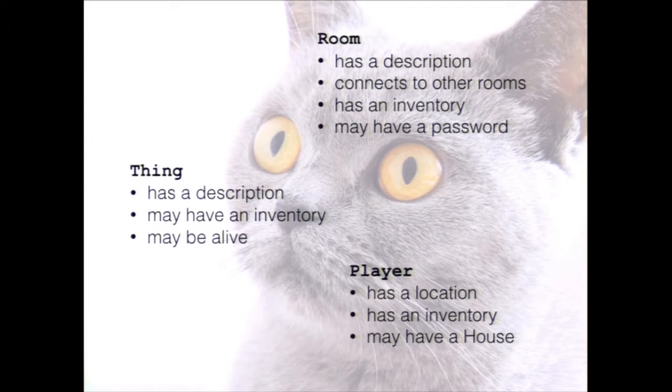This approach has a couple things wrong with it, and one of them is that, especially in my text adventure game, and I think in any text adventure game of a reasonable size, there's going to be a wide variation of behavior among these three core types. Some of my rooms are password protected and others aren't. Some of my things, like the cat is a thing and the cat is alive, but the sorting hat is a thing and the sorting hat is not alive.